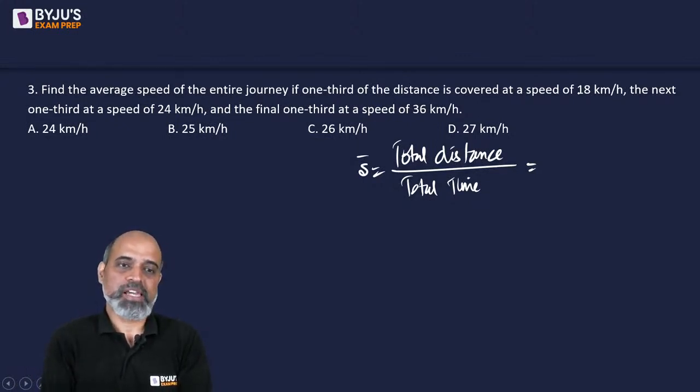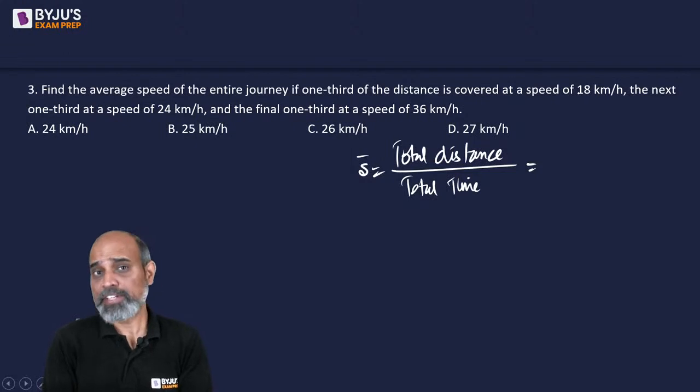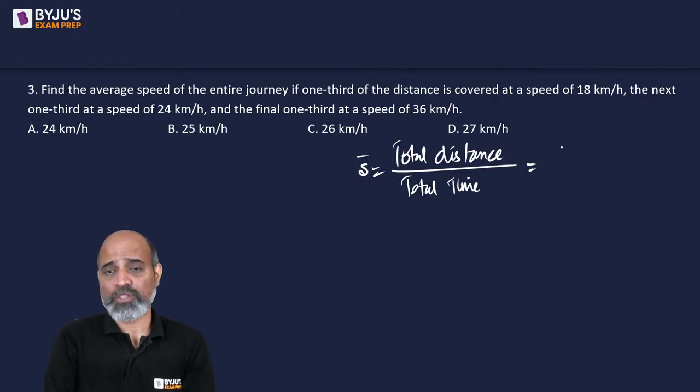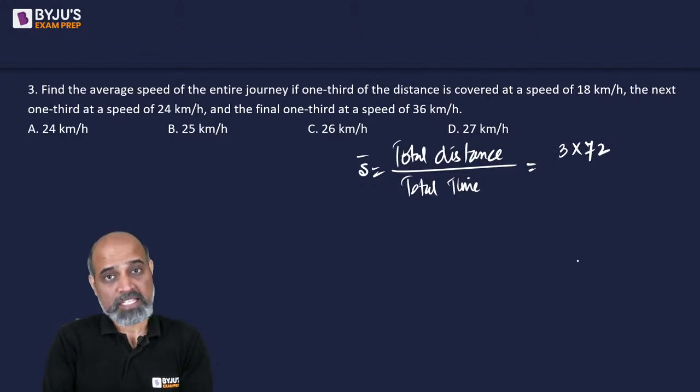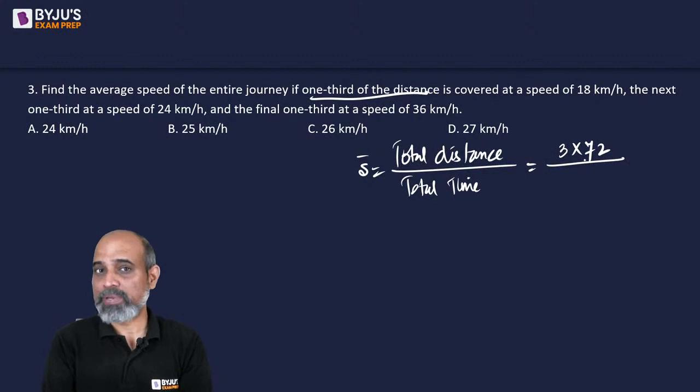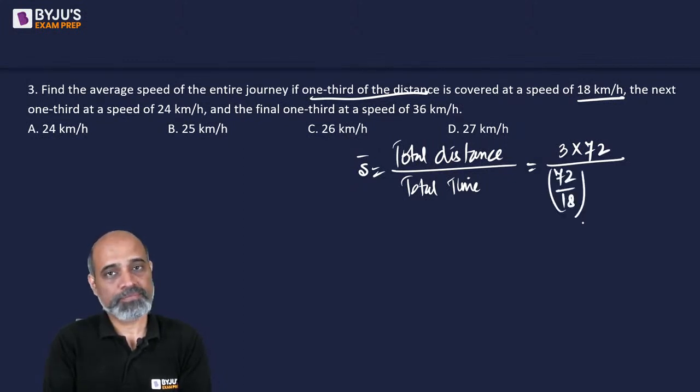So let's take the LCM of all three. If I take the LCM, I'm going to get 72. So I will take the total distance as 3 into 72. This is the total distance. So 1/3 of this distance will be simply 72. If somebody covers 72 kilometers at the speed of 18 km per hour, then 72 by 18 is the time taken.